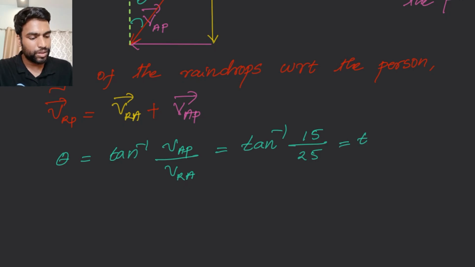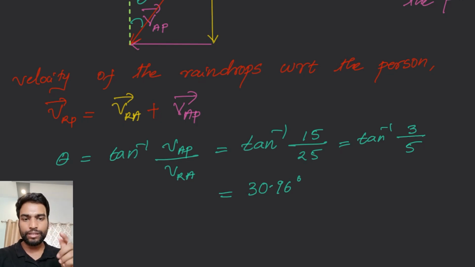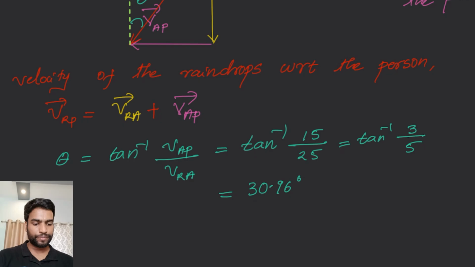Good. That is tan inverse 3 divided by 5. This is equal to 30.96 degree. So the person has to tilt the umbrella at an angle 30.96 with respect to the vertical. All good? Right.